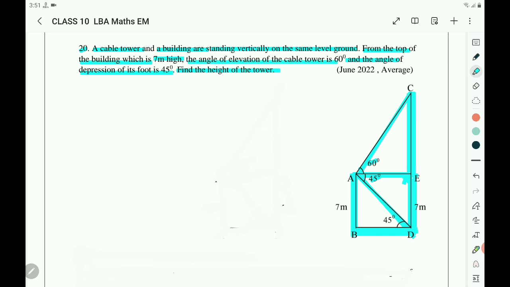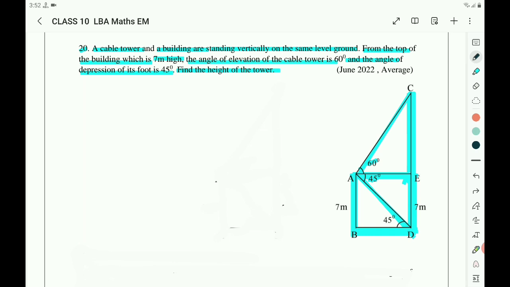By using the trigonometric ratio, which trigonometric ratio do we have to use to find AE? AE is the adjacent side and ED is the opposite side. Use the trigonometric ratio with the opposite side and adjacent side, that is tan theta.